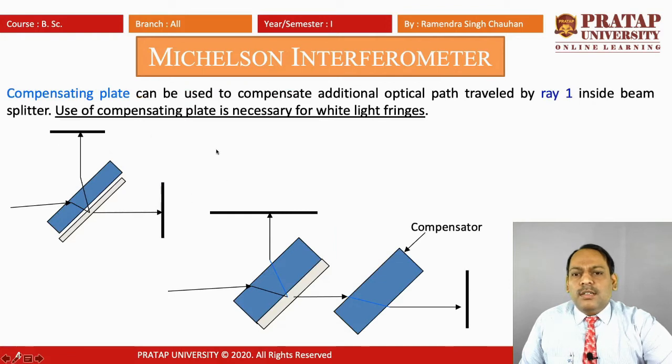So here there is also a compensatory plate. That compensatory plate compensates the excess path. In the diagram, we have one mirror here and another mirror here, and a light ray coming here gets reflected, goes to the vertical mirror, then comes back along the same path and goes to the telescope, that we will see.